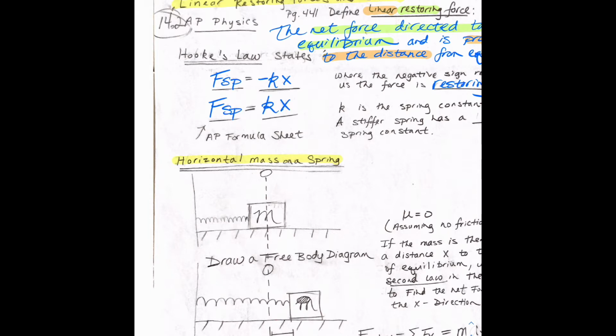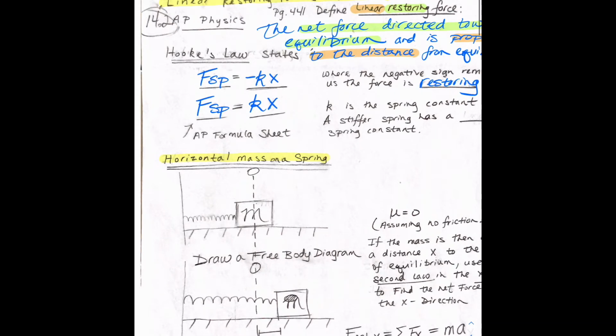And I like the second way a little bit better, because a lot of times we'll apply the negative sign if the force points in the negative direction. So we won't need to be reminded that it's restoring. These are really the same equation. The negative sign in the first one just tells you it's restoring.